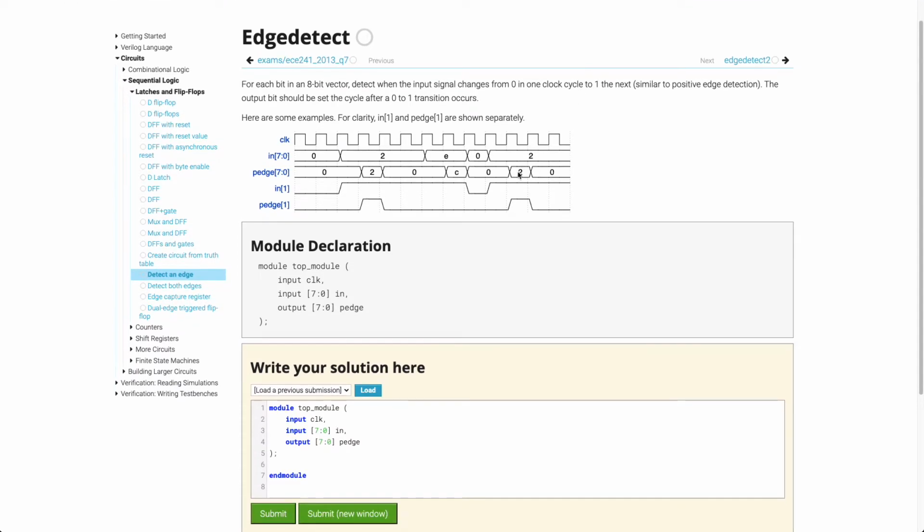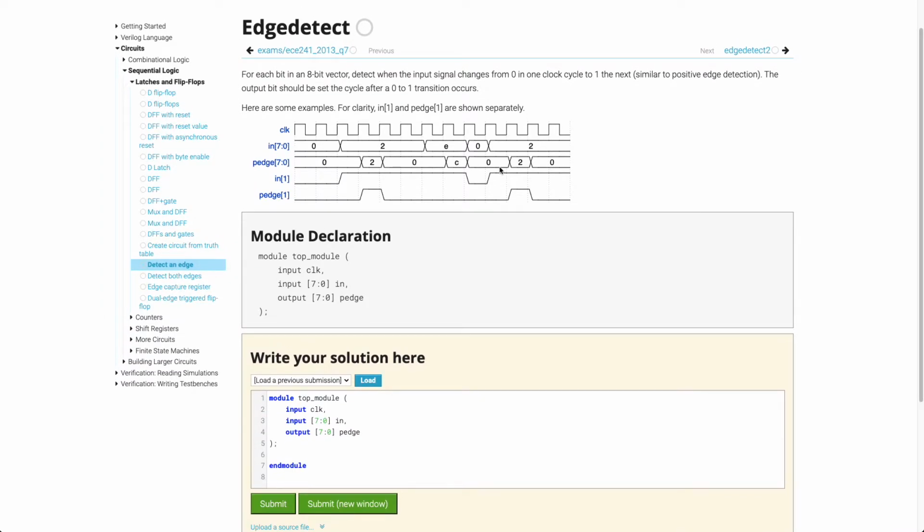For clarity in one, so basically implement this waveform. Detect when the input signal changes from 0 in one cycle to 1 in the next.